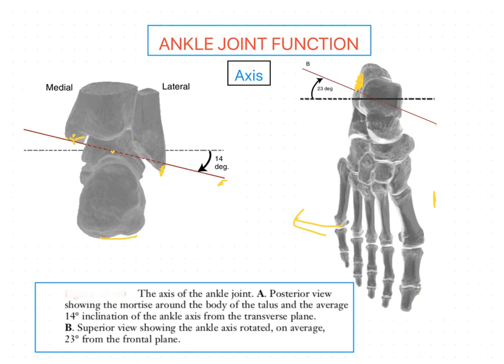Where this movement is taking place is between the talus and the mortise. Mortise we know. So this is the mortise. Inside this mortise, the talus is articulating here. So what happens here? At the ankle, dorsiflexion refers to the motion of the head of the talus dorsally, or upward we can say.